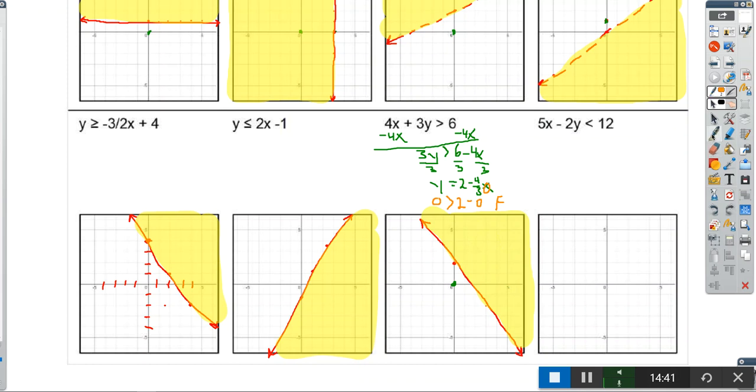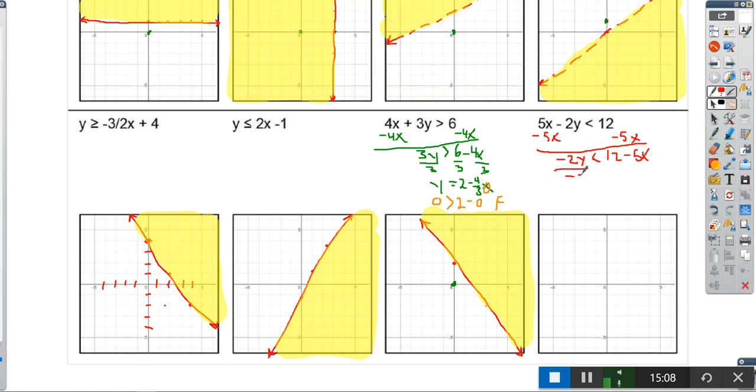All right, last problem. Here we go. So let's subtract 5x. We need to get into slope-intercept form. Subtract 5x. So I get negative 2y is less than 12 minus 5x. Okay.